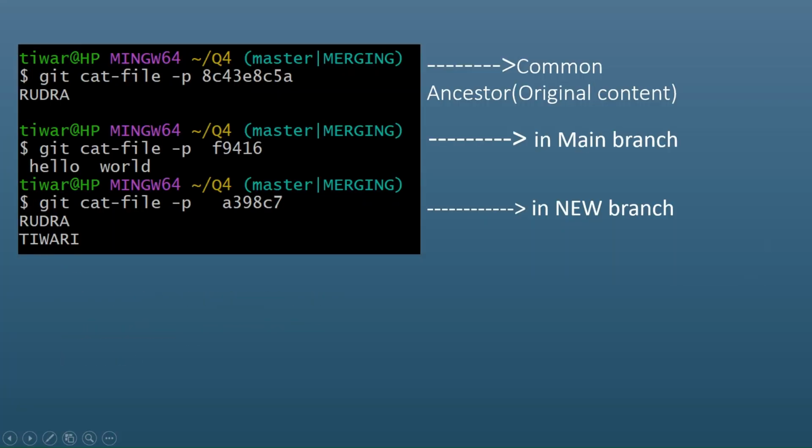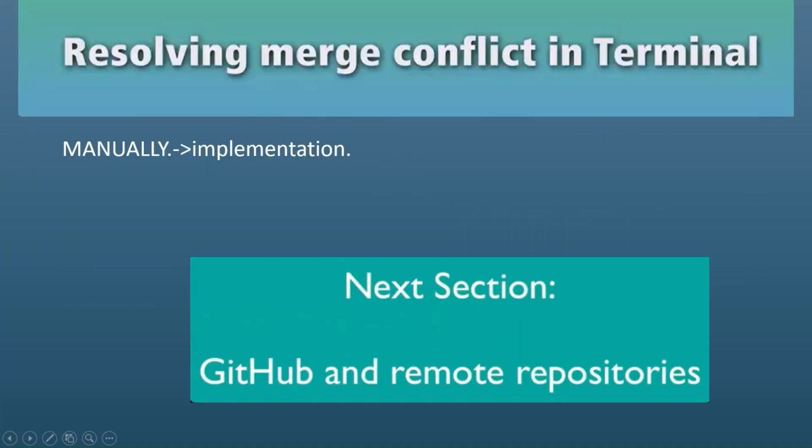So I explained that in the main branch this content is present, in the new branch this content is present. So resolving merge conflict in terminal is the manual implementation; you can also resolve it with the help of VS Code. You can also resolve it normally, like I have resolved this problem.